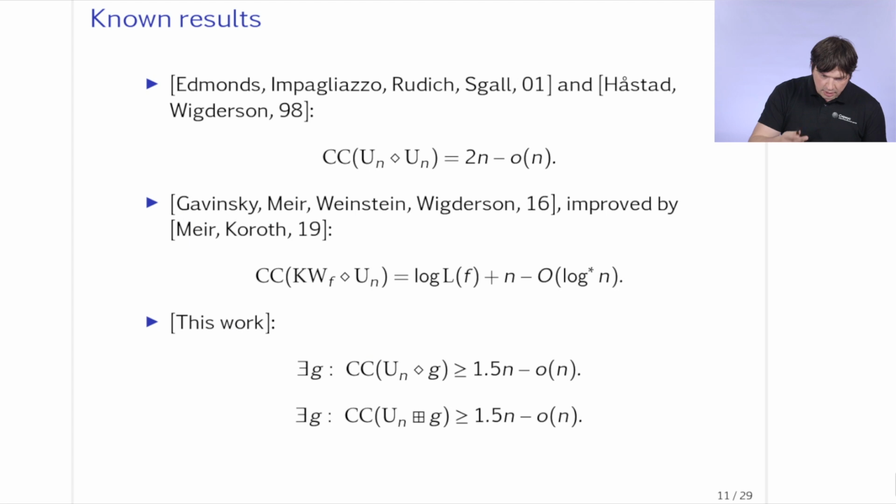The first two papers, by Edmonds, Impagliazzo, Rudich, Sgall, and by Håstad and Wigderson, proposed two different ways to prove that composition of universal relations requires 2n bits of communication. Then there was this breakthrough like 15 years later, that composition of a function with a universal relation requires quite a bit, right?